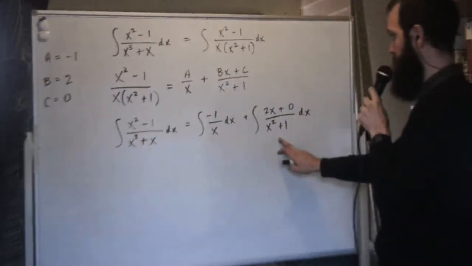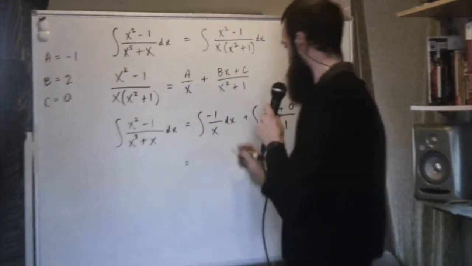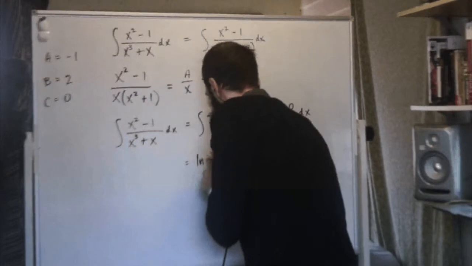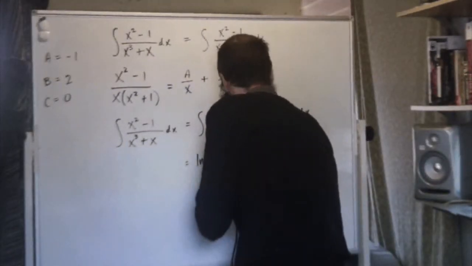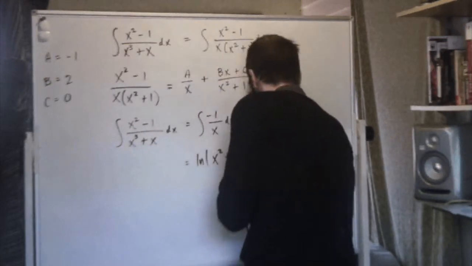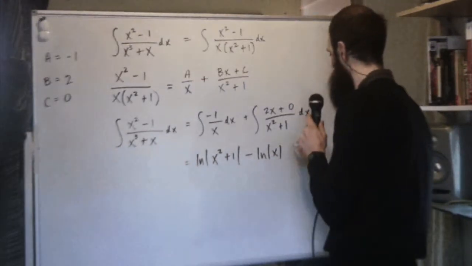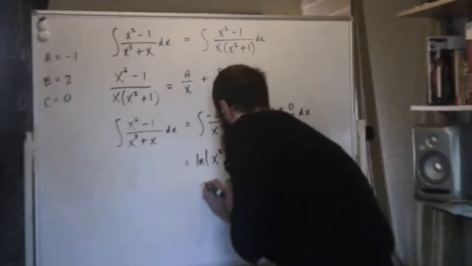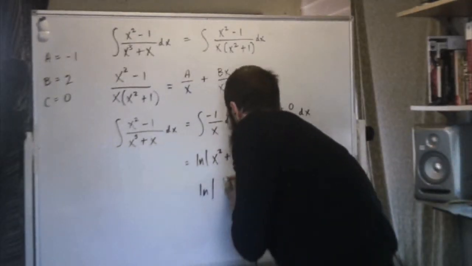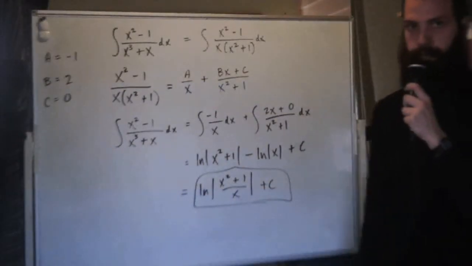So after u sub, and again I'm going to flip the order of these so the positive is first. That's all I'm doing. After u sub, we'll have ln of x squared plus 1 minus ln of x plus c. And why not? Let's use quotient rule. There it is.